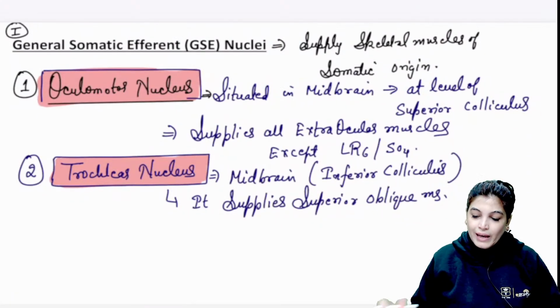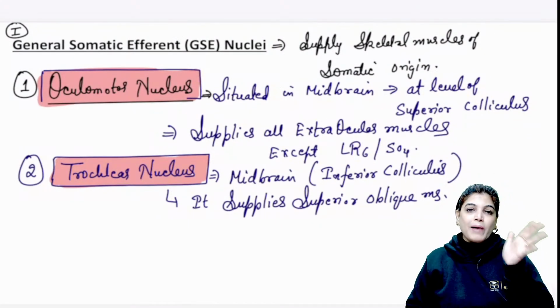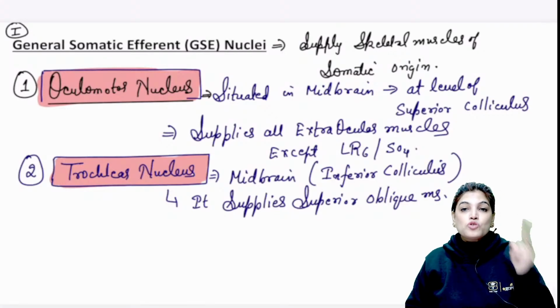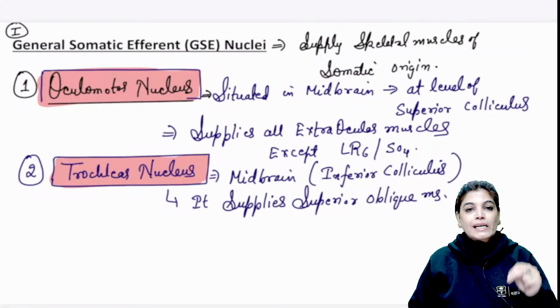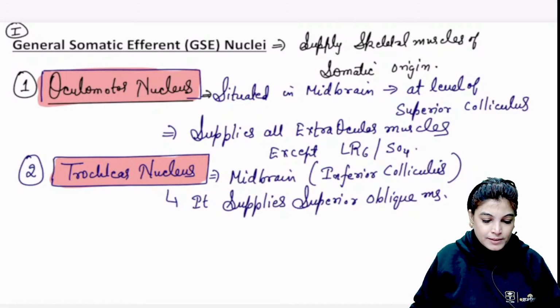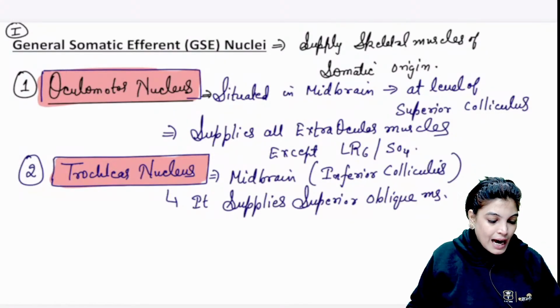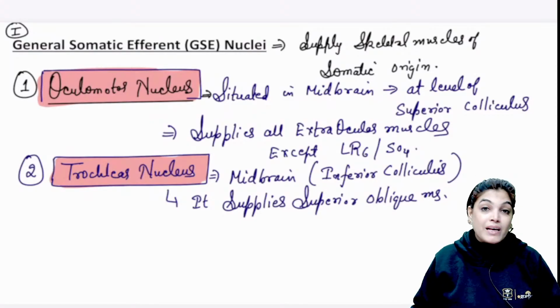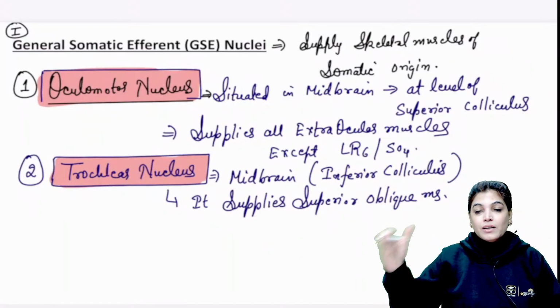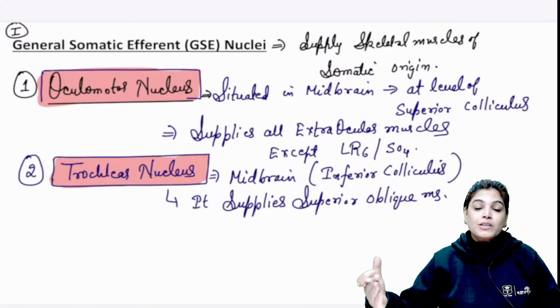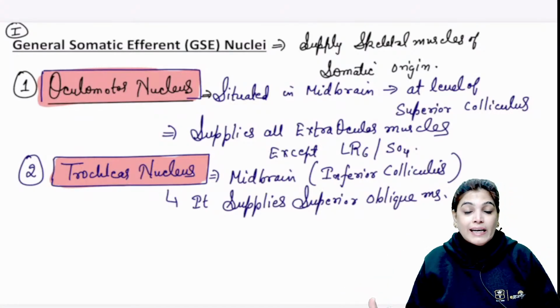Got it? Now, in this category, general somatic efferent nuclei, we have two more nuclei, the abducent nucleus and the hypoglossal nucleus. Yeah, Nami, the question which will be asked from this is about the cranial nerve nuclei and which functional component it is included in.